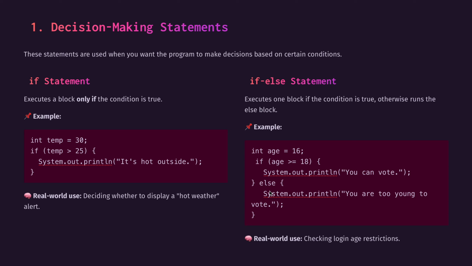This part from here to here is called the if block, and this is the else block. If the condition is not true, it will execute the else block.